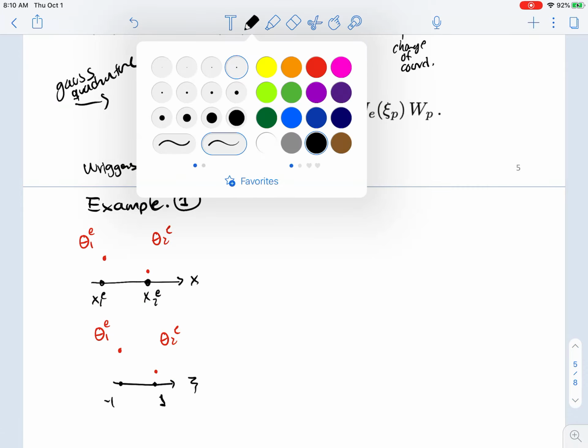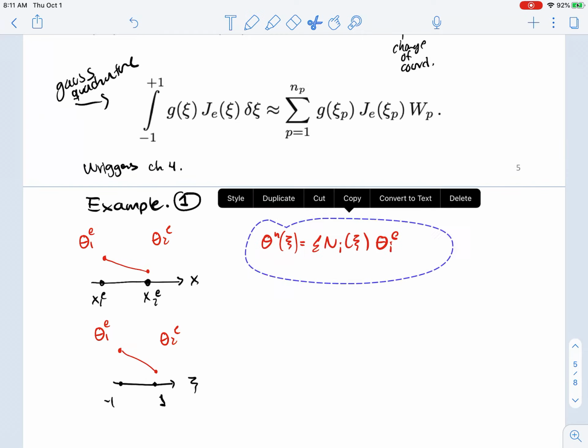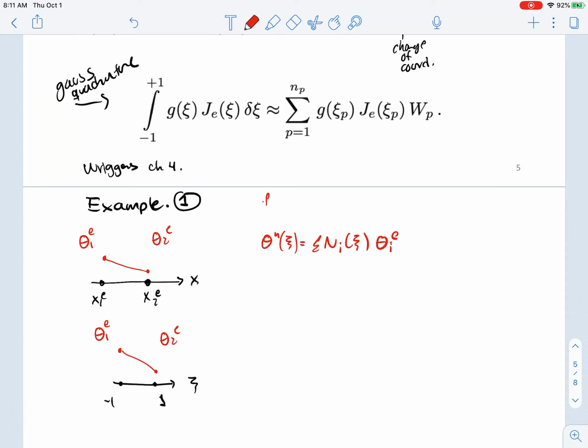Obviously here let's say that we are interpolating with linear shape functions. So theta h, in this case, is already in terms of psi explicitly. It is the sum of the shape functions in terms of psi times theta_i^e. So that's one example where you have a function also interpolated with the basis functions.